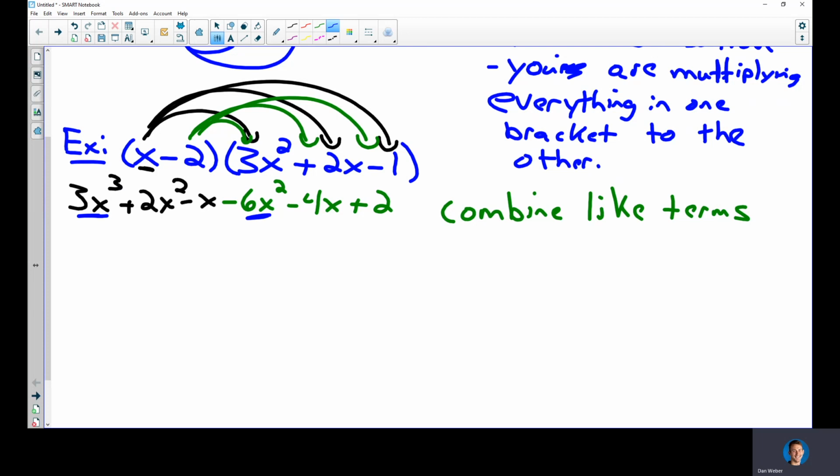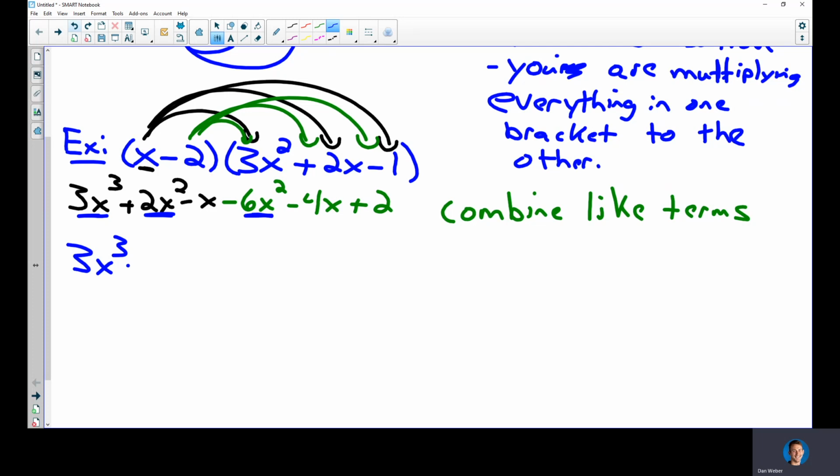3x, oh wait, that's cubed. Those aren't alike at all. So is there any x cubed that I can combine with this? No, very good. I'm only working with the cubes. I work my way down. There's no like terms for the cubes. The squares, they're alike.